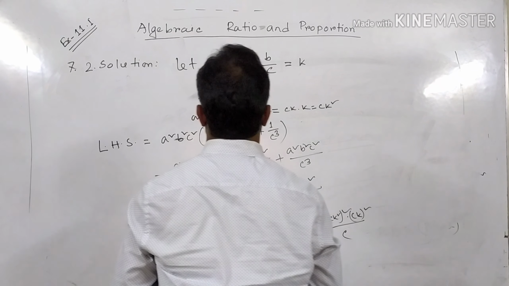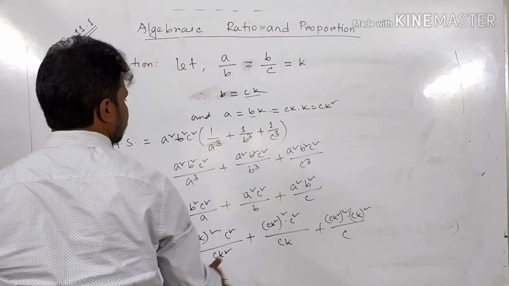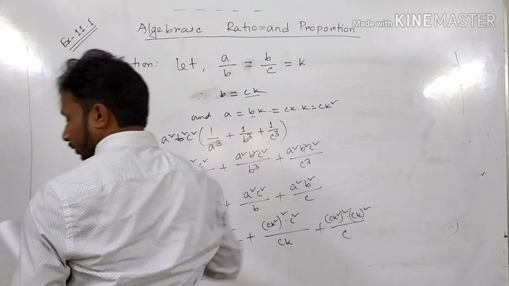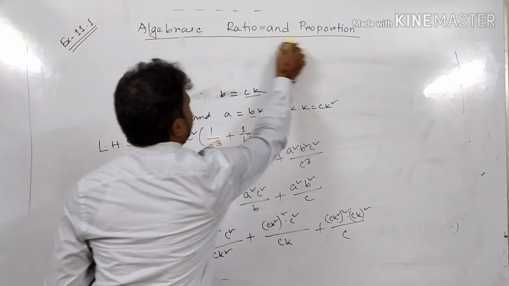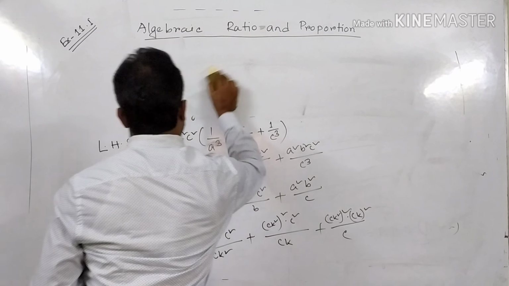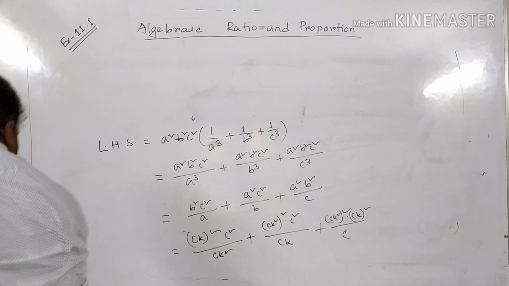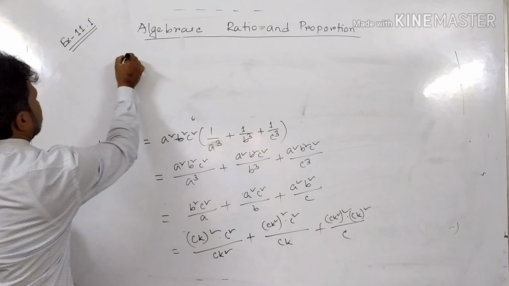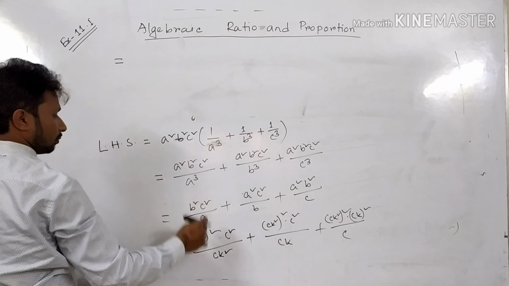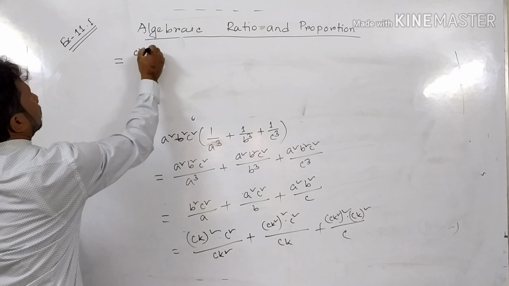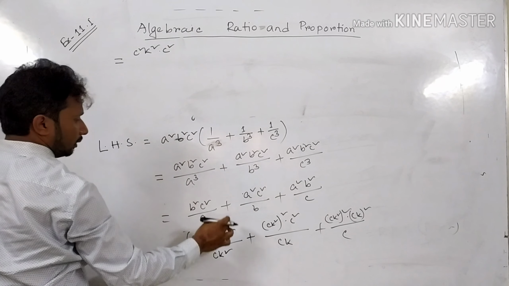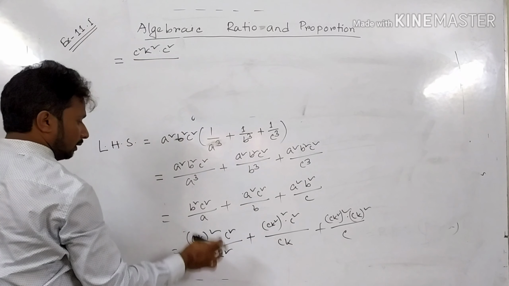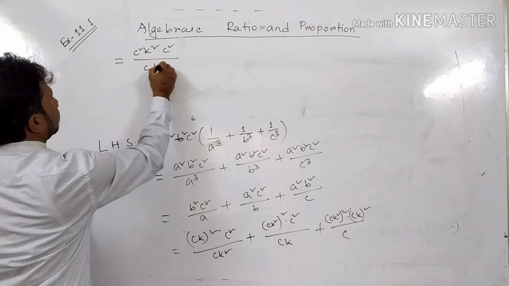Now I need to erase it. See, c square a square into c square divided by ck square.